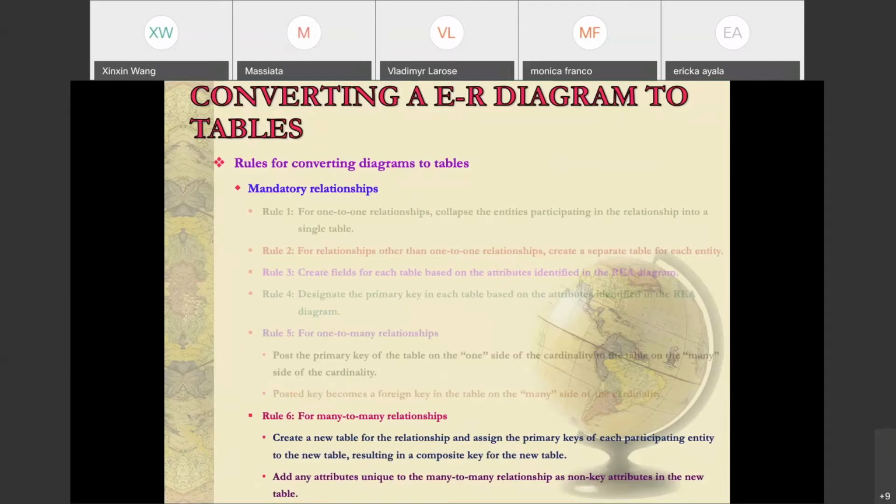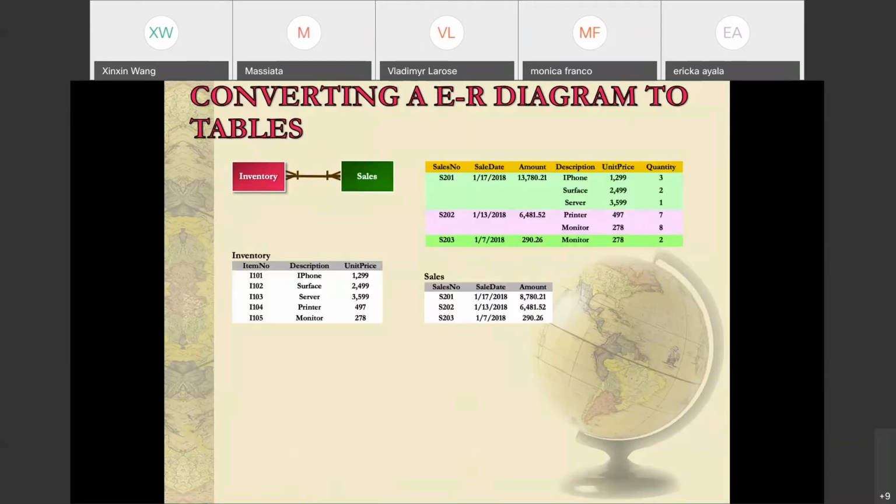For many-to-many relationship, you need to create a new table for the relationship and assign the primary keys of each participant entity to the new table, resulting in a composite key for the new table. Adding any attribute unique to the many-to-many relationship is a non-key attribute in the new table. For instance, this is a many-to-many relationship.